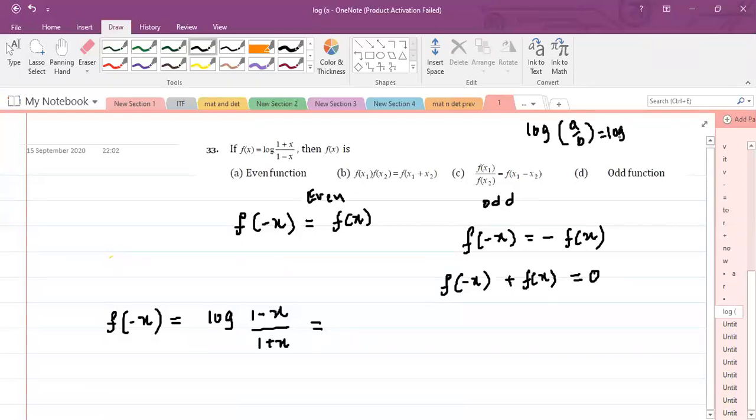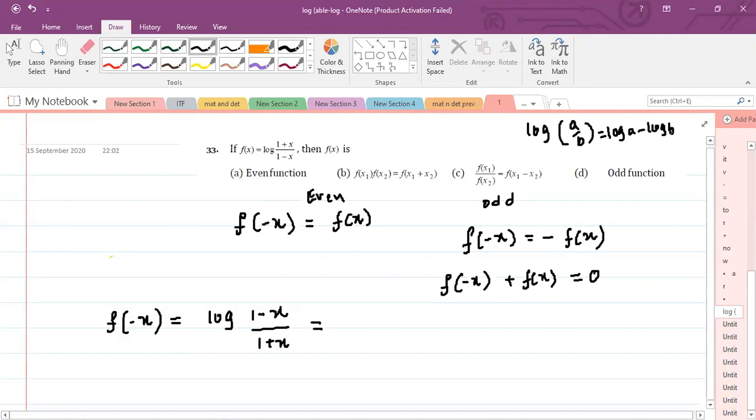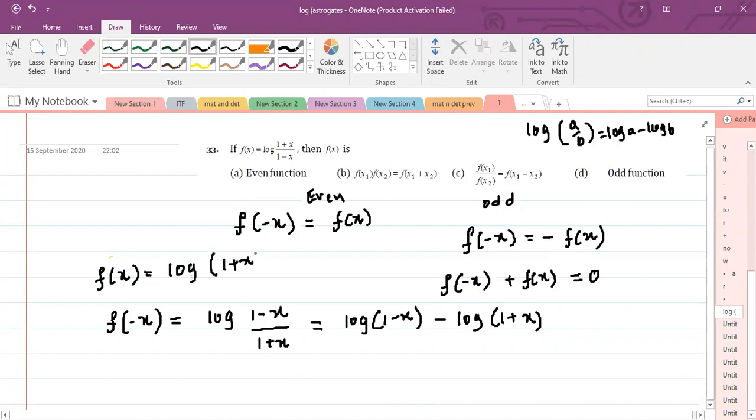Log a minus log b. So now this is log of 1 minus x minus log of 1 plus x. In the same manner, I will write f of x using properties of logarithm: log of 1 plus x minus log of 1 minus x.